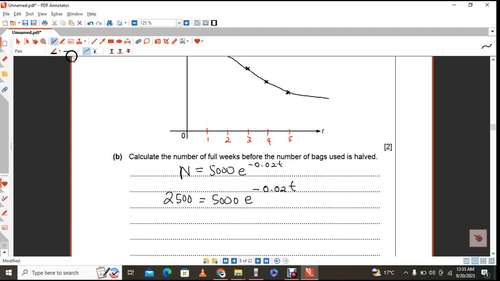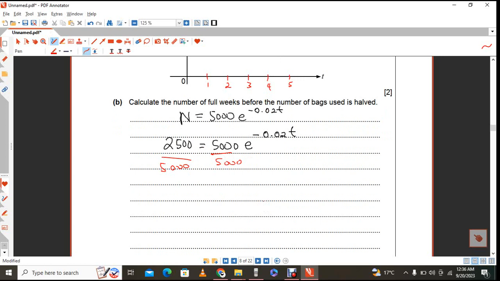Again, you can solve this. First, you're going to divide throughout by 5,000. So eventually this gives me e raised to the negative 0.02t equals a half, and a half is 0.5, no problem.